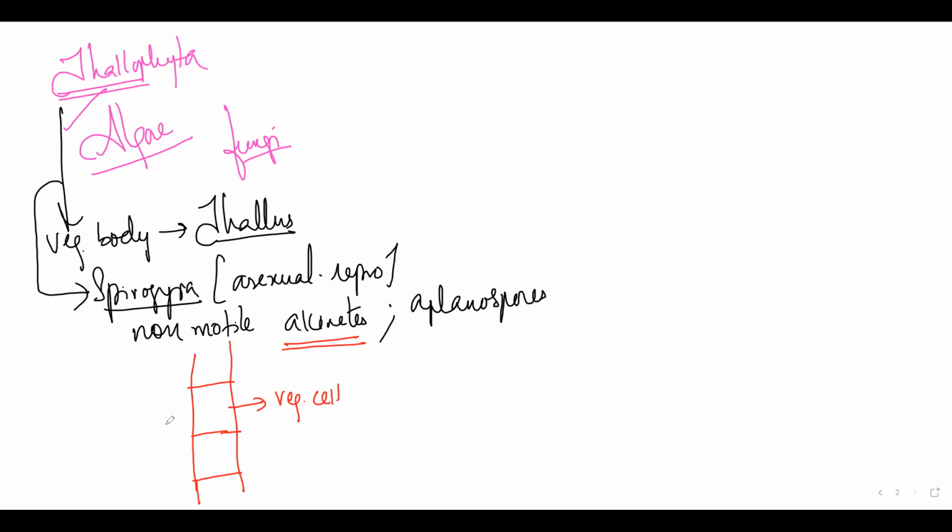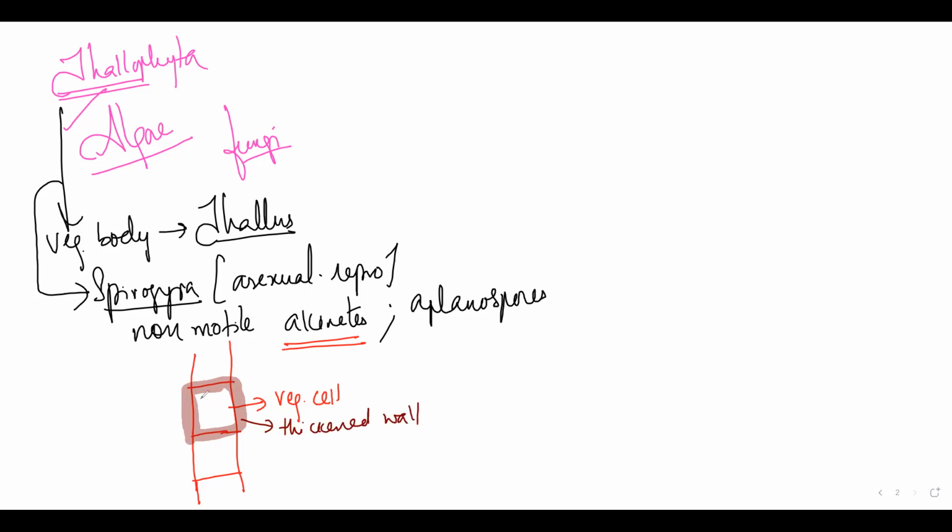It's going to produce a thickened wall around the cell. So the akinete is formed due to the development of a very thickened wall.